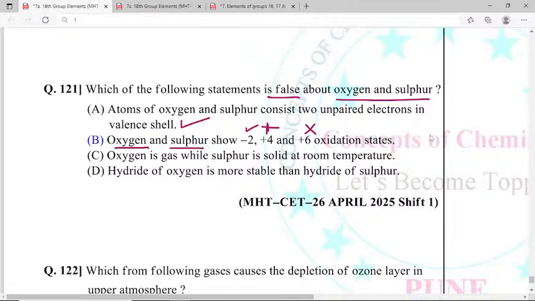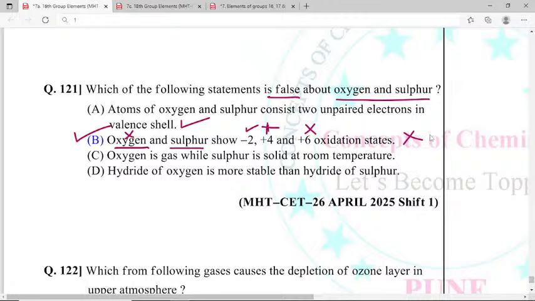Only sulfur can show it, but not oxygen. This is incorrect. Oxygen shows -2, -1, +2, but not +4, not +6. Sulfur shows -2, +4, +6.